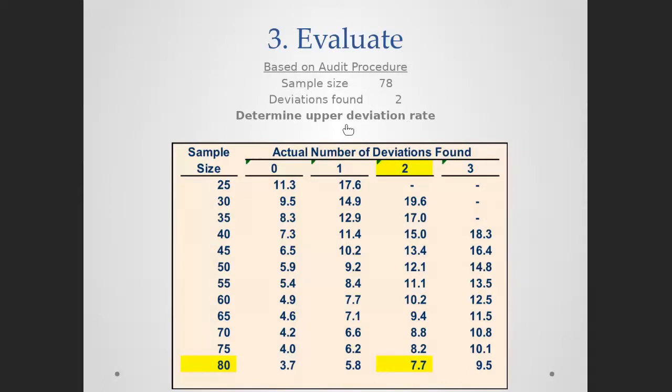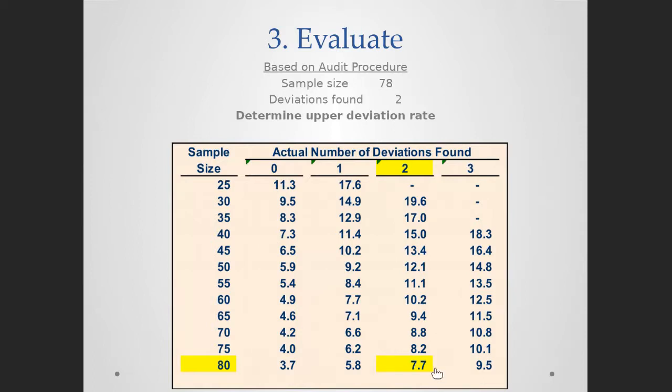That step is calculating something called the upper deviation rate. Upper deviation rate is calculated based on this table, and you have the sample size on one side, that is 78, which is very close to 80, and the actual deviations found is 2, right?